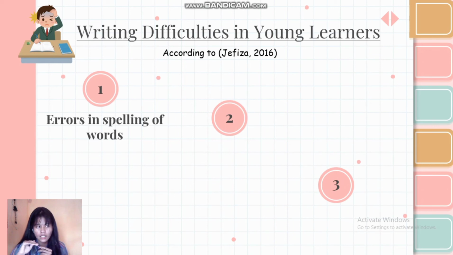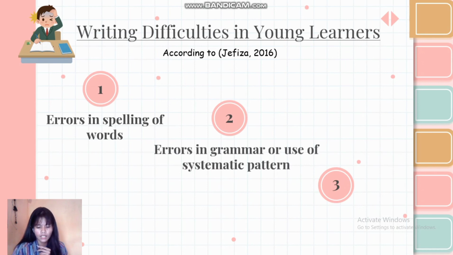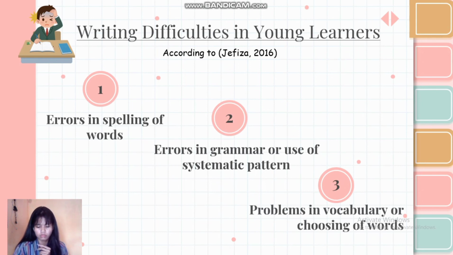They don't know how to spell the words, so they cannot put the words into written form. Then errors in grammar or use of systematic patterns, and then problems in vocabulary or choosing of words.